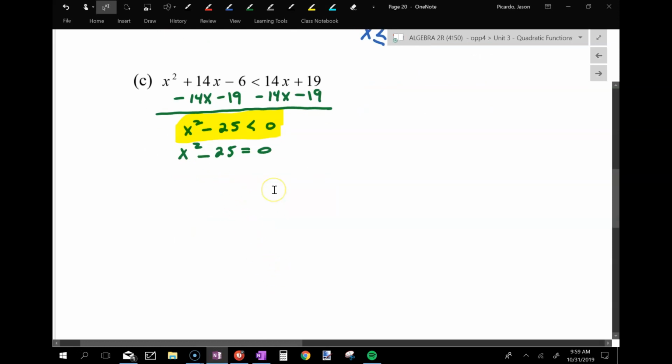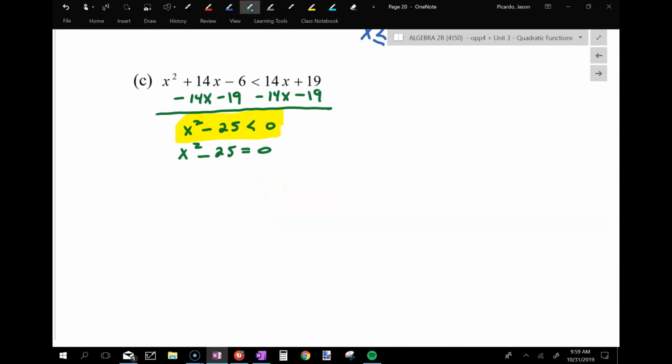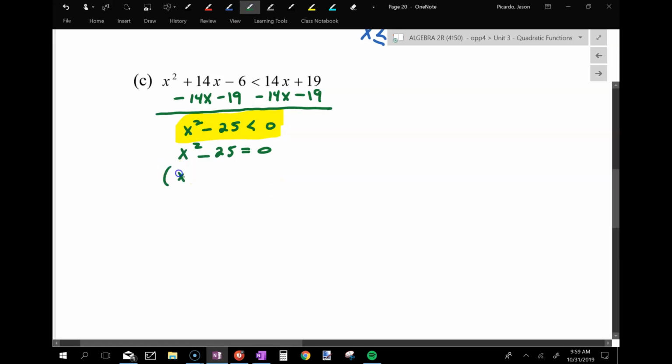How do I factor x squared minus 25? (x plus 5)(x minus 5). It's a difference of perfect squares, right? All right, we're going to set these equal to 0.